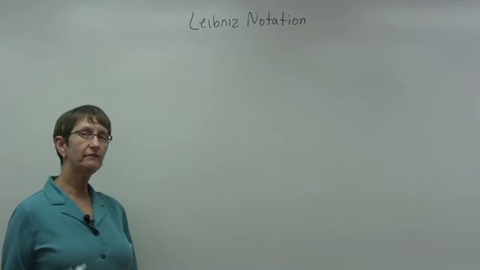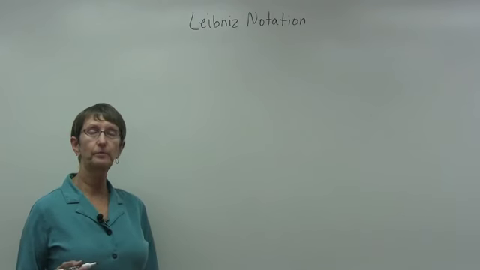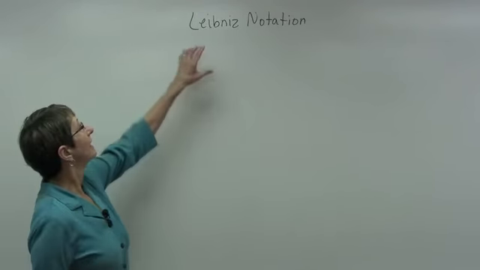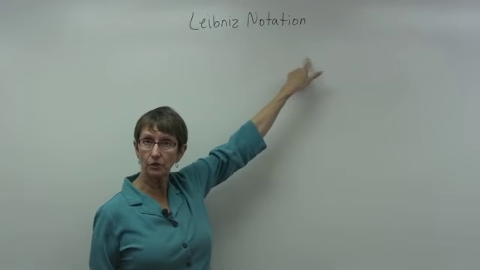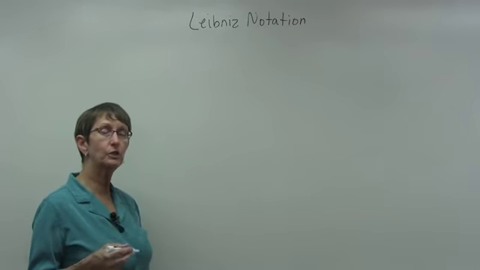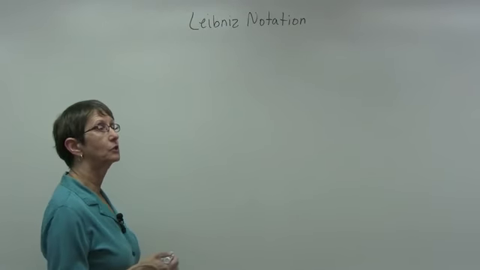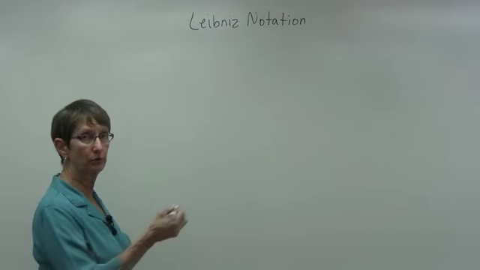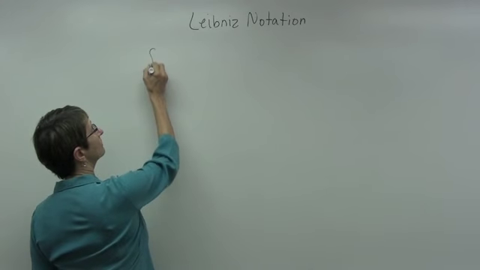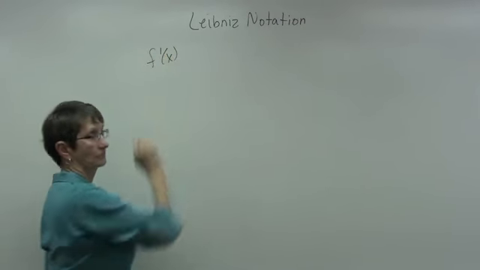The derivative of a function comes from the slope of a tangent line. Leibniz notation is a different way to write the derivative based on the form for a slope. Usually when we first start talking about derivatives, we write the derivative f prime of x.